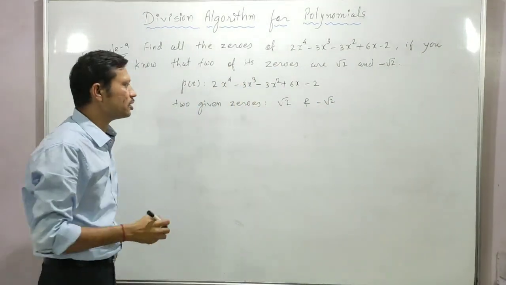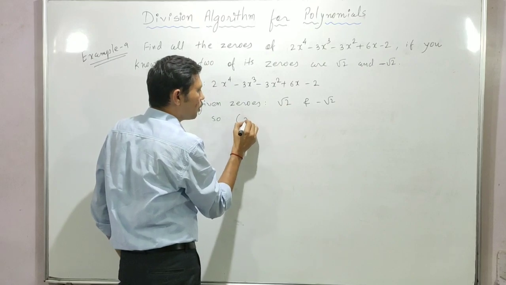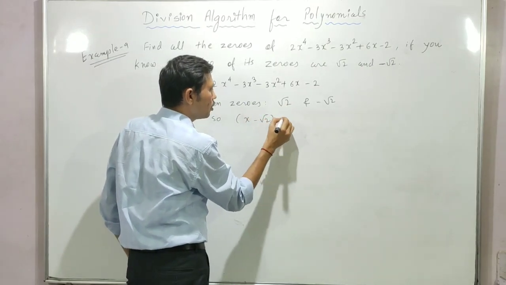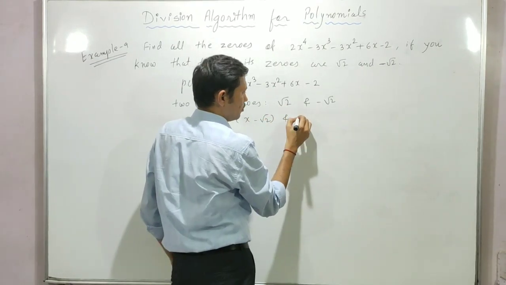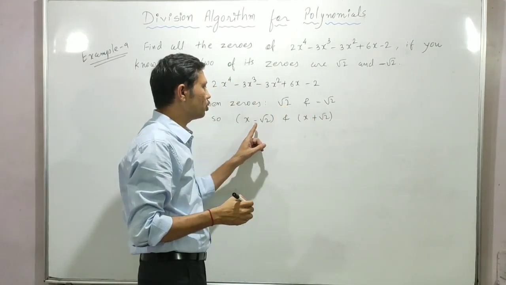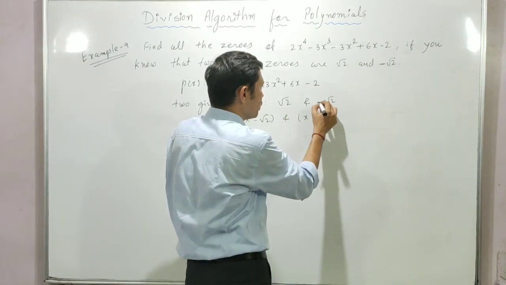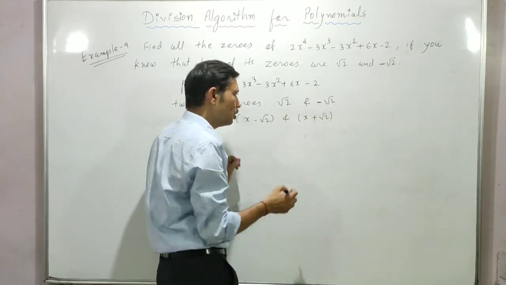So which are the two factors? Plus root 2, so x minus root 2 and x plus root 2. root 2 अगर 0 है तो फैक्टर x minus root 2 हुआ. minus root 2 अगर हमारे पास 0 है तो x plus root 2 is a factor.